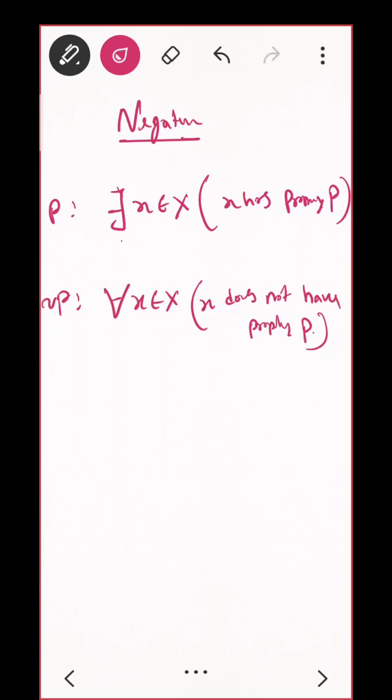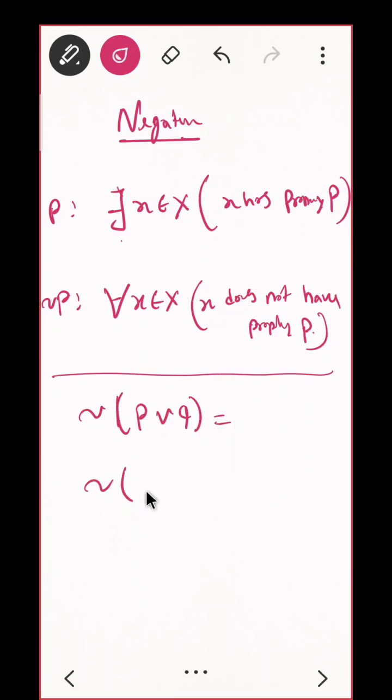Yeah, okay. Let me just ask you some more questions about this negation. I just forgot about that. I should have asked it earlier. If I say, hmm, what is the negation of P or Q?